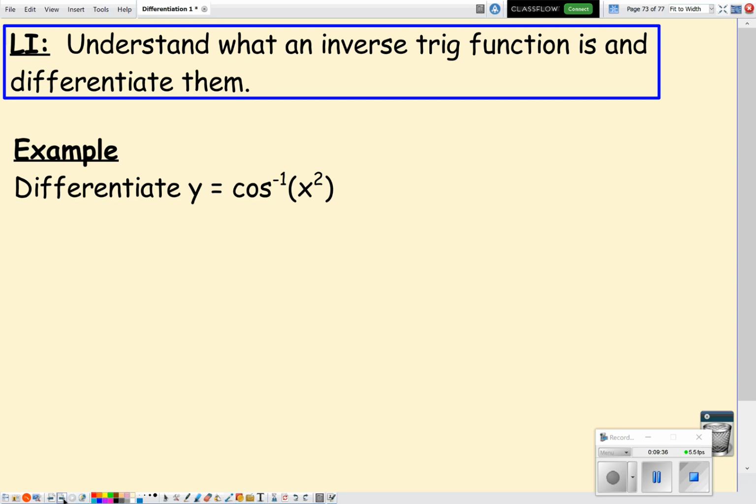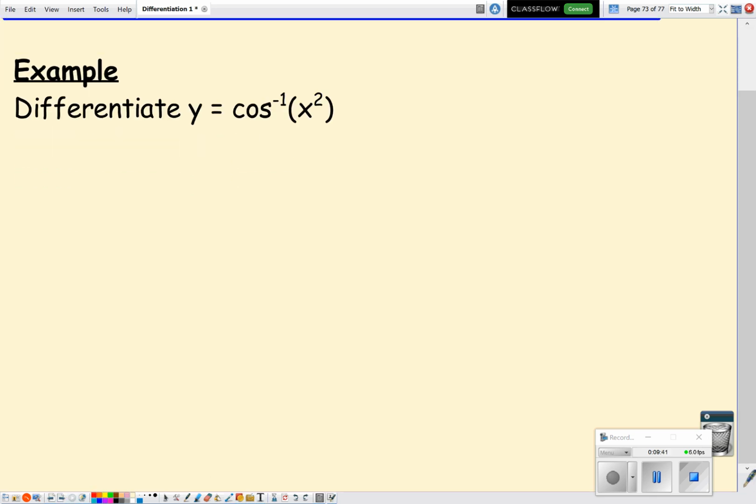So look at the next one. Inverse cos of x squared. Right, that's the way we look. So the standard derivative for inverse cos of x is the same as the inverse sine of x, but it's negative. So we'll say dy by dx equals negative 1 over root 1 minus x squared squared, times the derivative of x squared, so times 2x.